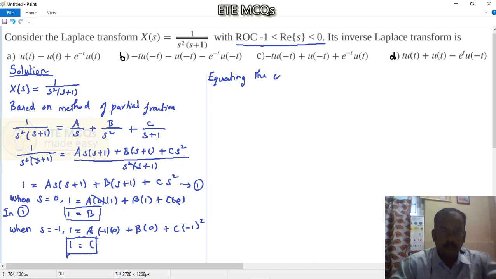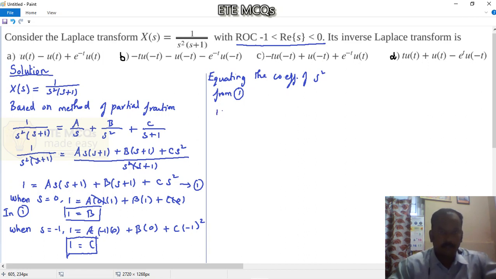From 1 you can notice that there is no coefficient of s squared on the left hand side.